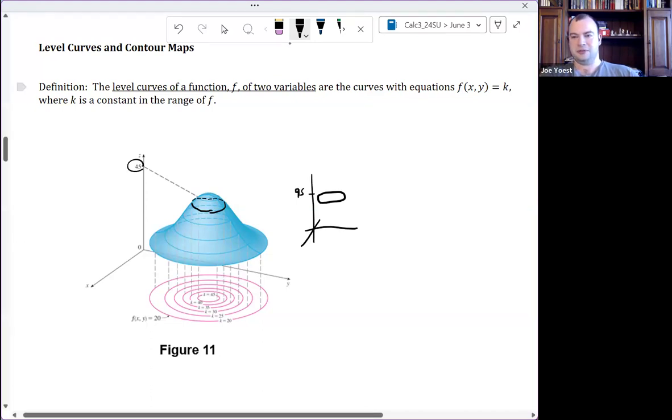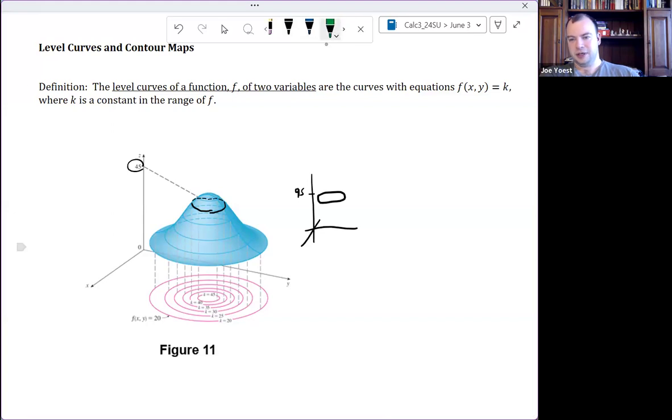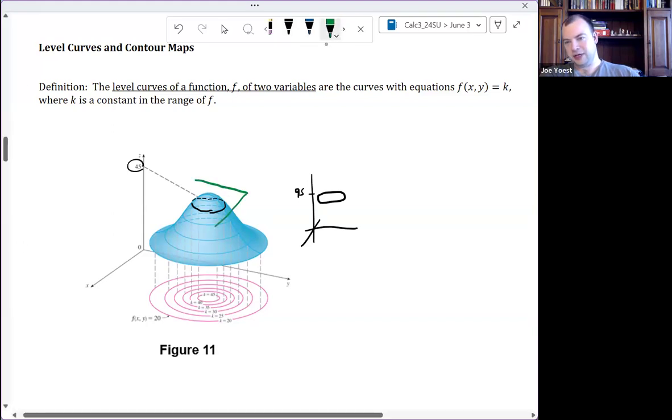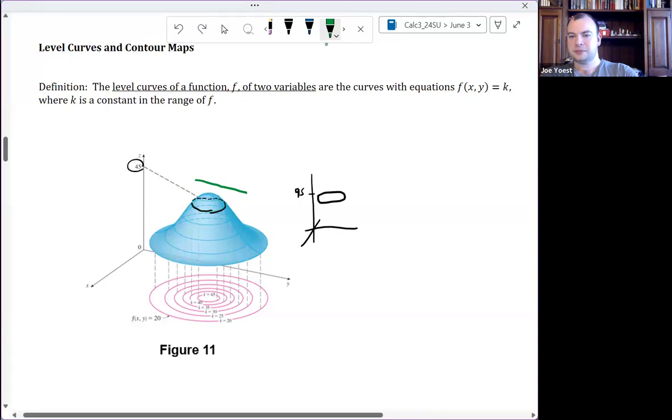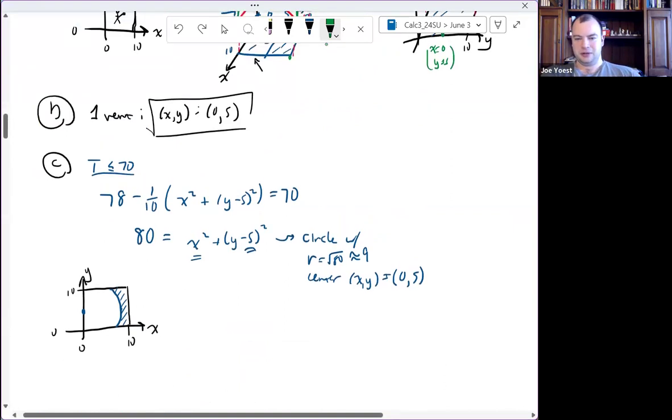In other words, it's kind of the intersection of the plane with height 45 with this surface. That intersection makes a circular curve. That's really what we kind of found up here. We said, just saying it another way, that this circular segment here is the level curve where t equals 70.